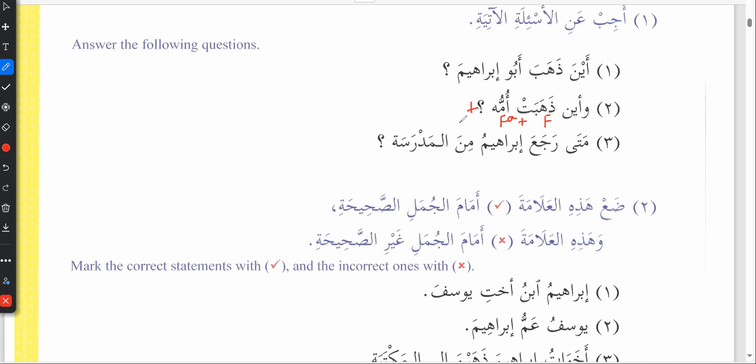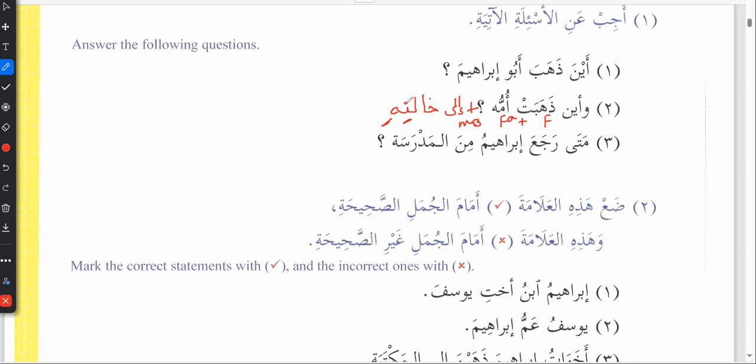So ذهبت أمه إلى خالة. Sorry, it's the ism majroor because there is an ila harf jar being used here. So ila khalatihi. Now you can see if there is a kasra before the damir he, so instead of hu it will have a kasra. Khalatihi. You cannot say khalatihu.